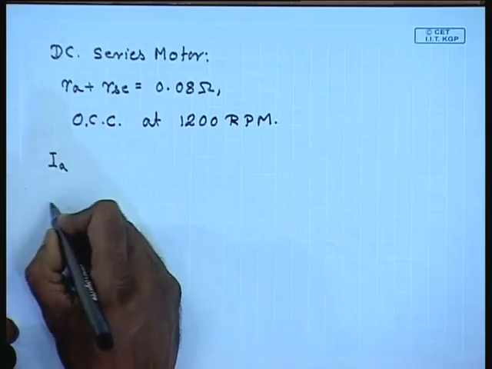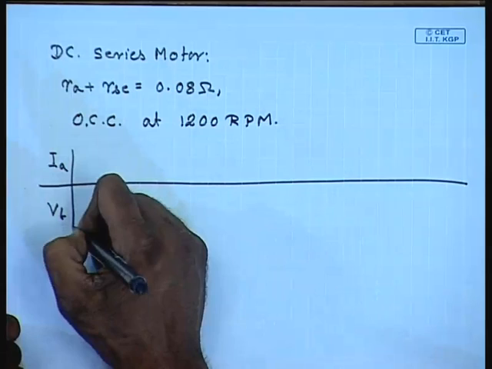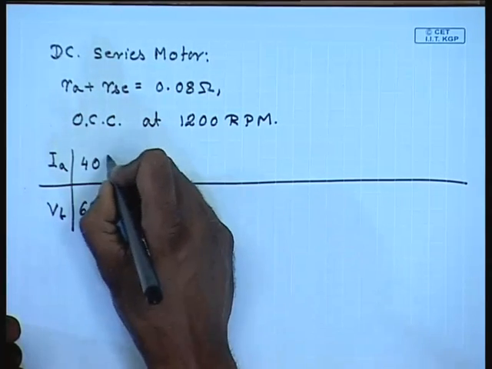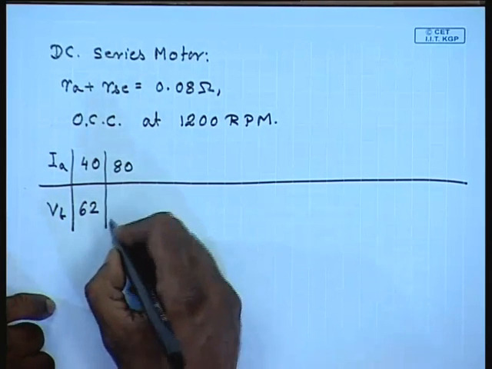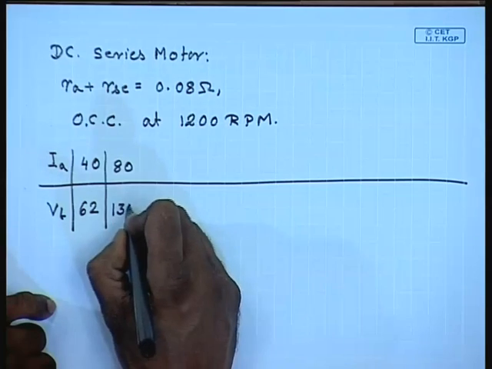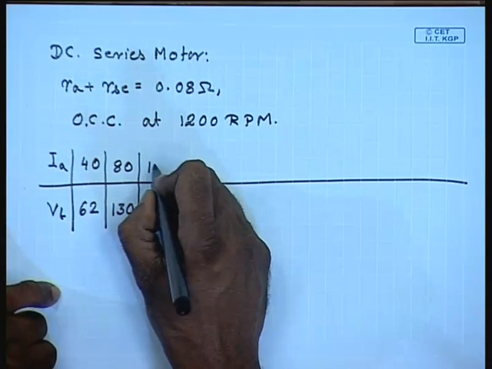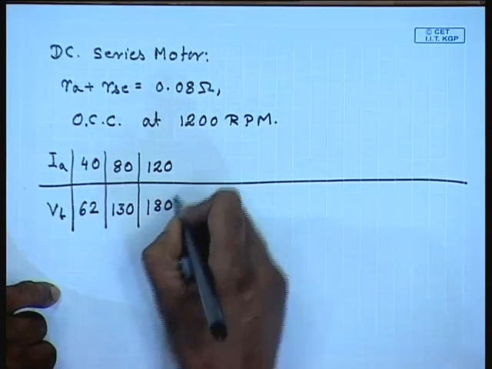Ia and Vt: at 40 amperes, Vt is 62 volts. At 80 amperes, it is 130 volts. At 120 amperes it is 180 volts.